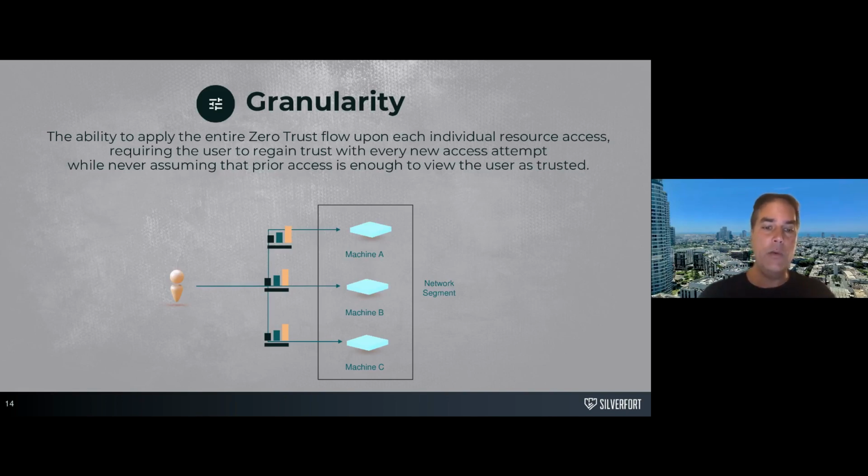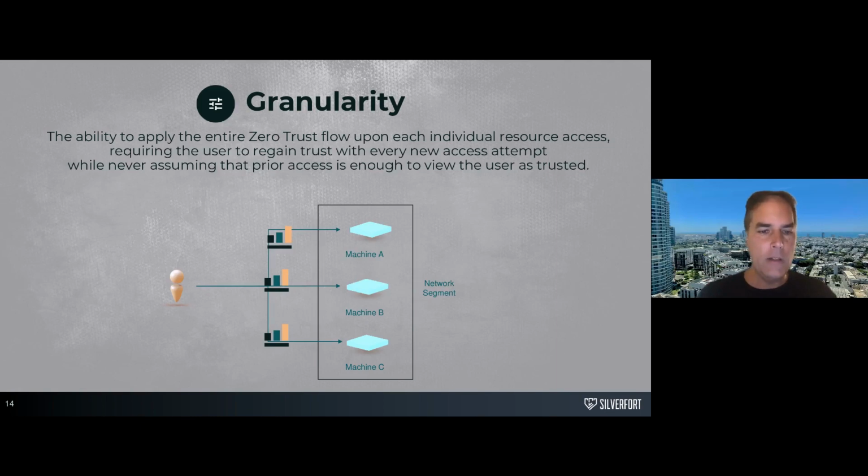It's the ability to apply the entire zero trust flow to every single resource access, right? Enforcing the user to regain trust with every new access attempt while never assuming that prior access is sufficient to regard the user as trusted, right? Always being able to do that to every single access attempt in every single context and every single resource.